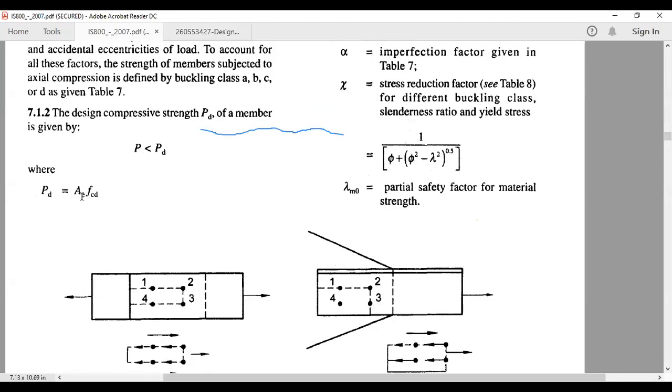So this is for a single angle section. Mainly I have stressed on a single angle section loaded through one leg, and how to determine the design strength under compression, PD.